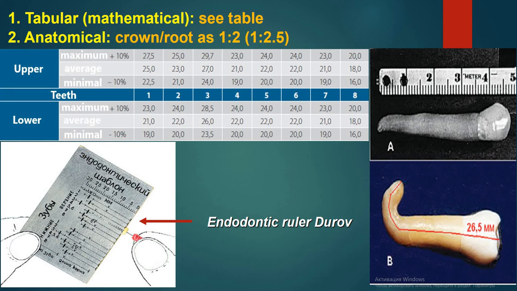The second, anatomical: crown to root as 1 to 2 or 1 to 2.5.